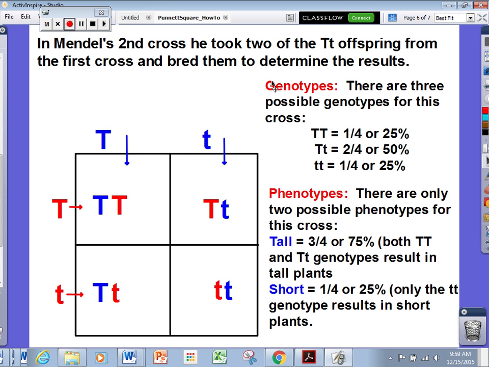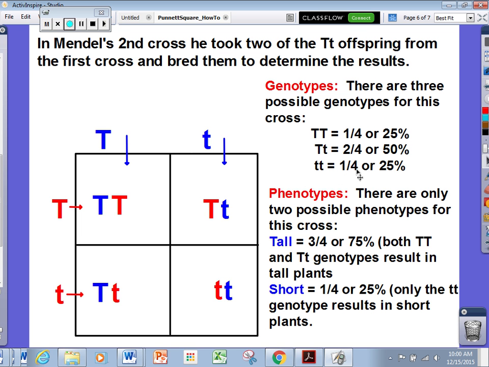telling us. So we've got the genotypes. There are 3 possible genotypes for this cross. We have a 1 in 4 chance, or a 25% chance, of getting this big T combination, because it's only in 1 out of the 4 boxes. We've got a 2 out of 4, or 50% chance of getting the big T, little t combination, because that's in 2 out of the 4 boxes.